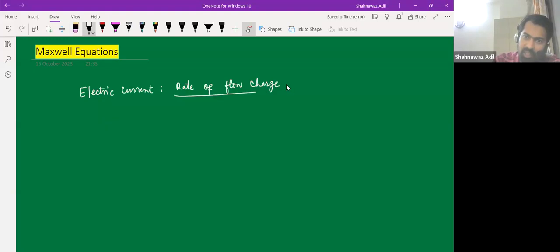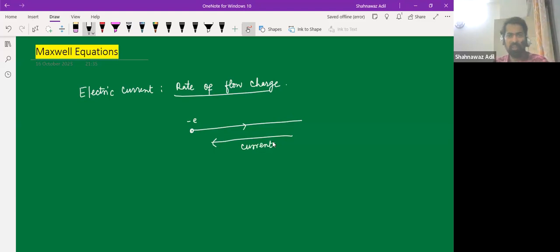Let's say this is a negative charge, an electron, which is traveling. If this is moving in this direction, then you will have a current in this direction, the conventional current, right, Arsalan?